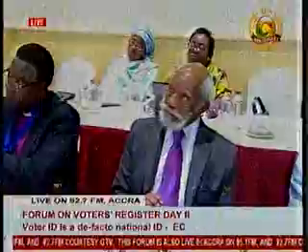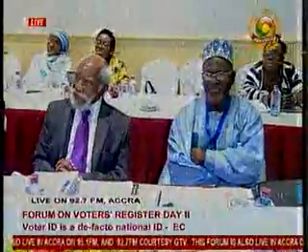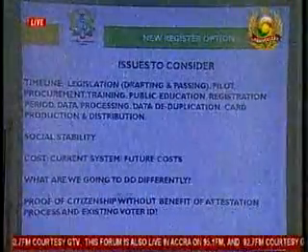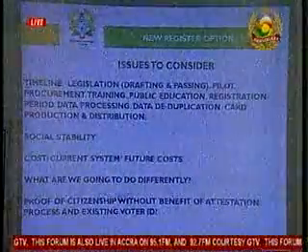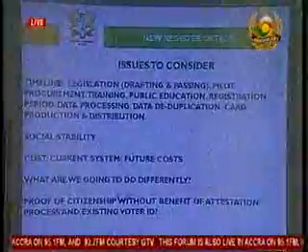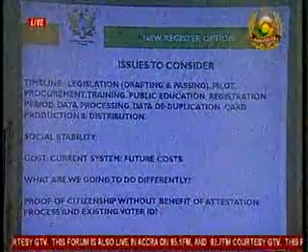We will need to pilot that registration process, procurement systems, training of the staff who do the registration, public education, the actual registration period, data processing, data deduplication, card production and distribution before we have the register. We've also thought carefully about the social stability cost of a new register.